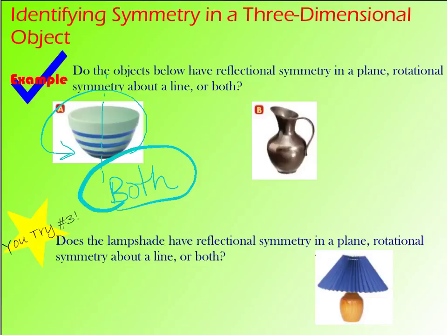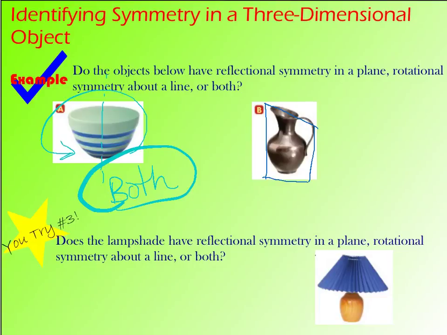And you can see that it's got this higher lip here, it's got this handle. So if I slice this thing, the only way I can slice it to have it be exactly congruent is going through this way. If I slice it right down the middle there, so that half the handle is on one side and half the handle is on the other, and half of this spout is on one side and half of it's on the other. So I do have reflectional.